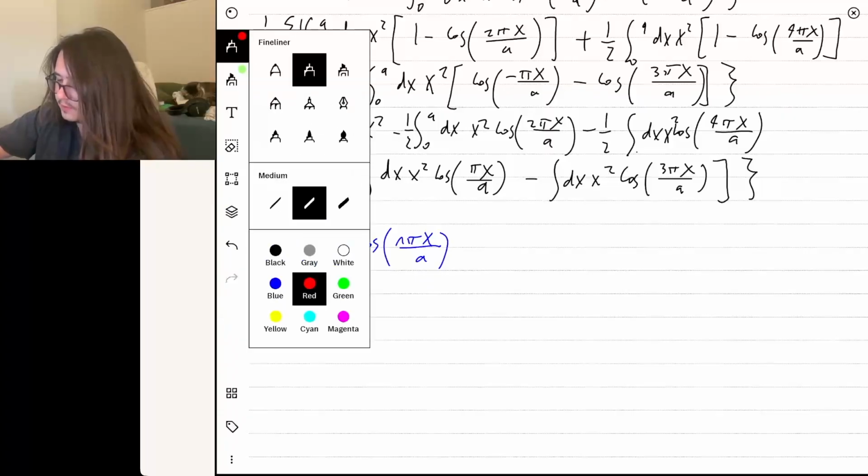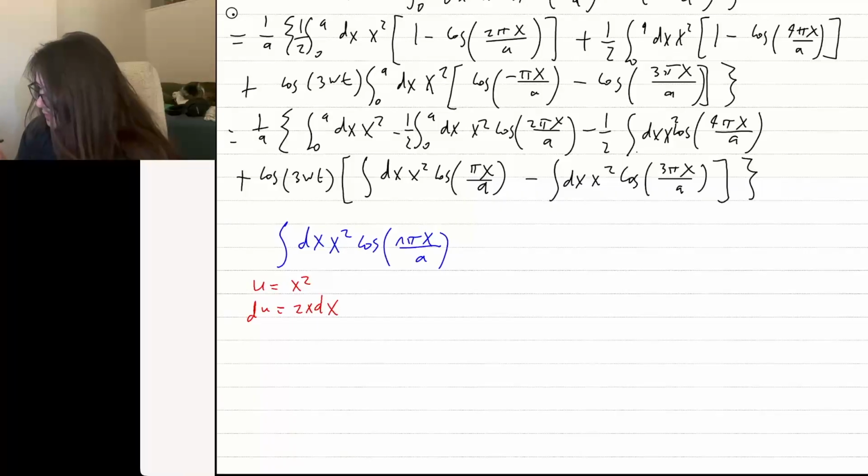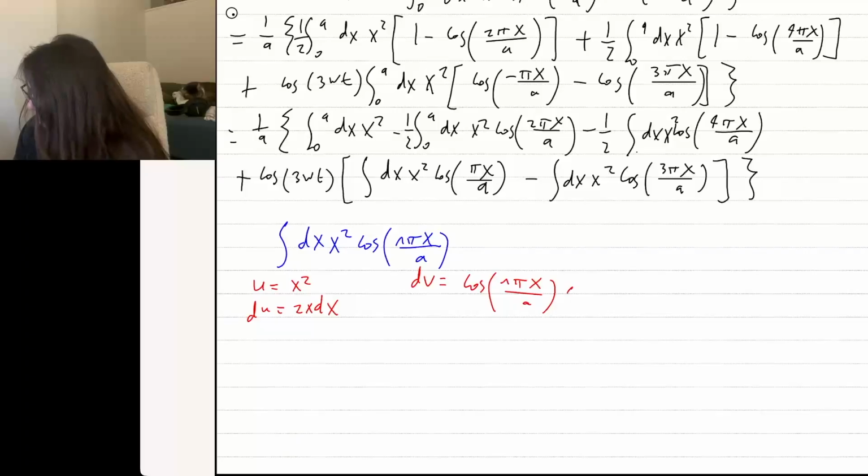That's the only way to do this integral, I think. u equals x squared, so du is 2x dx, and dv is cosine of n pi x over a dx, and then v will be a over n pi, cosine, or no, it'll be sine now, sine n pi x over a.